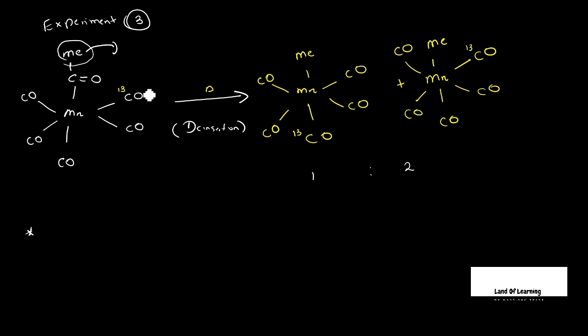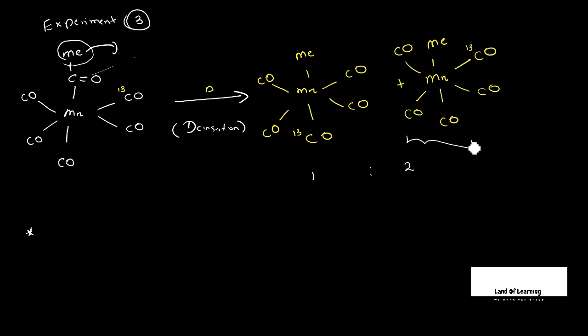The thing is, if we think that the carbonyl is removing, this inserted carbonyl is being removed from our metal center, you must have a product which is 100% cis between this methyl group and this carbon 13 labeled one. But we won't be able to achieve that.